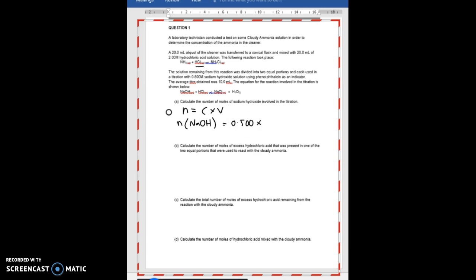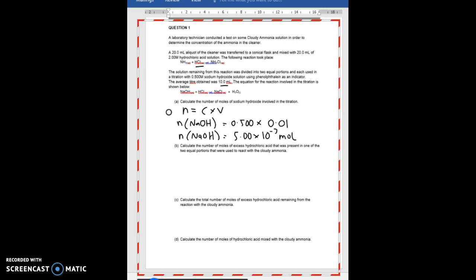Times 0.01, so that's the 10 mL up here, 0.01 L. Okay, so the number of moles of NaOH equals, work that out, 5.00 times 10 to the minus 3 moles.